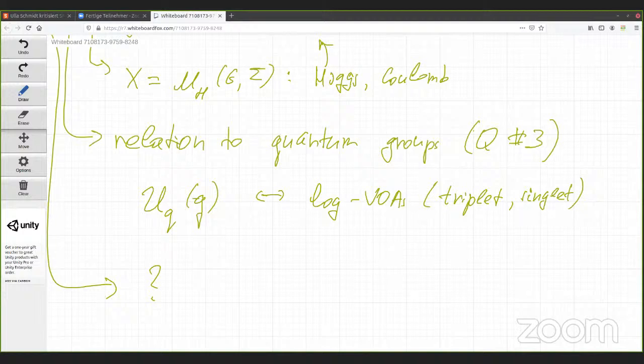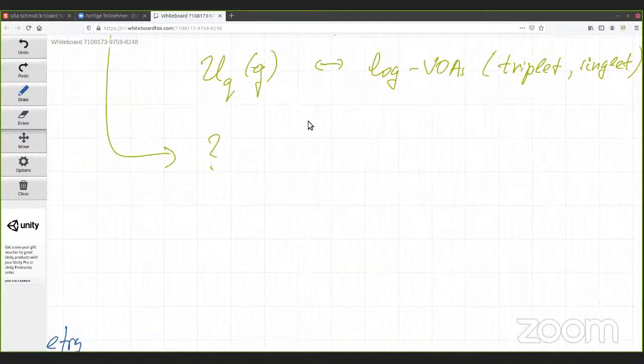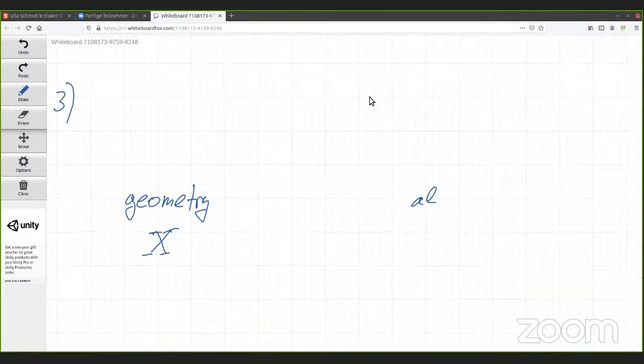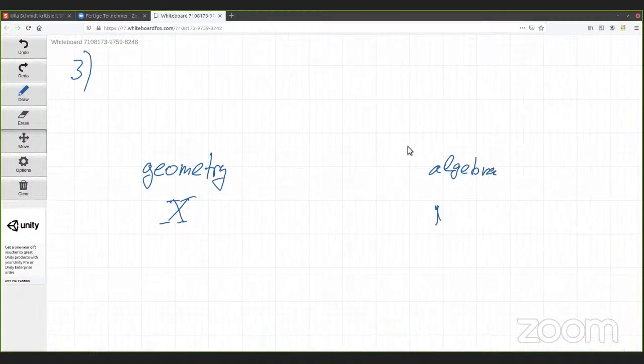Here I can try to give a more conceptual answer from a bird's-eye viewpoint, and then again I return the microphone to others to say more, ask more, and comment. But here I would try to draw the following picture. So we're discussing the geometry of a space X, which is hyperkähler, and then on the algebra side some kind of MTC.